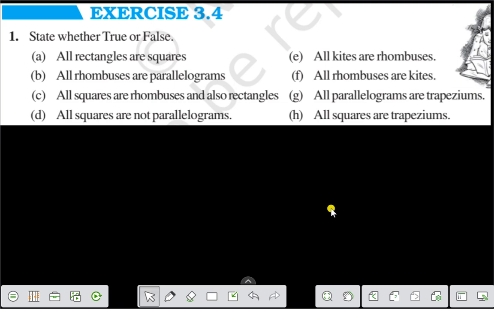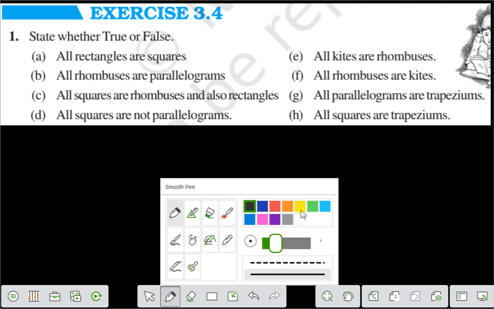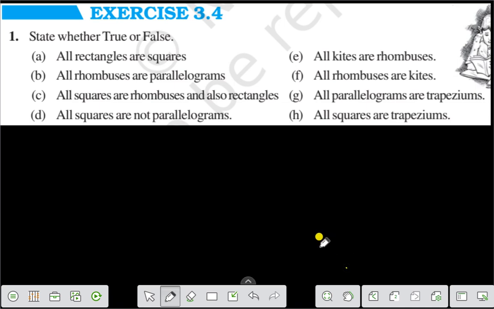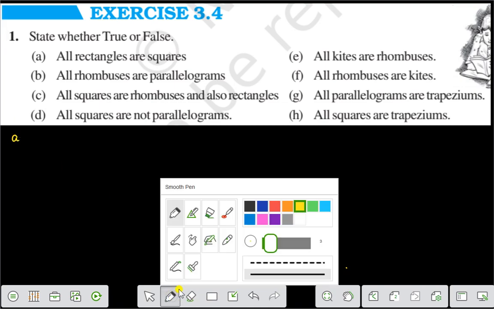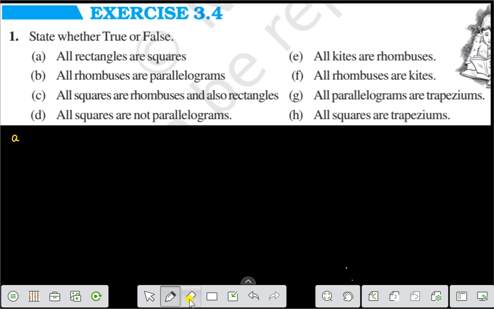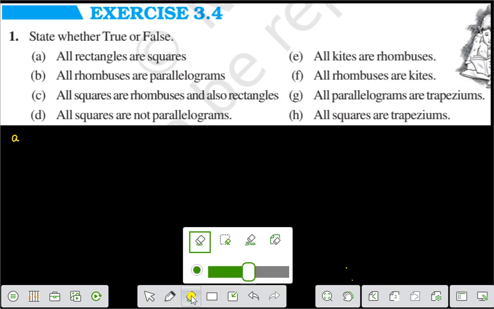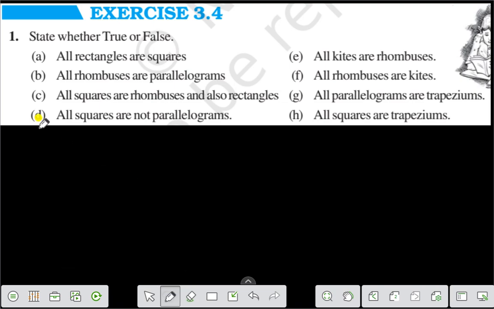Number A: all rectangles are squares. This one is false.